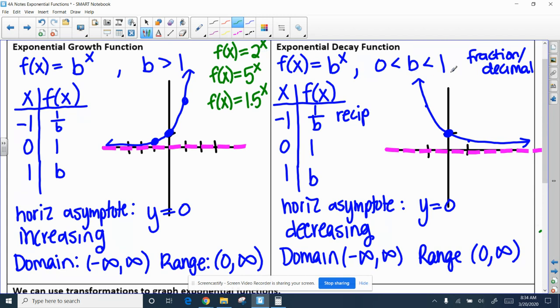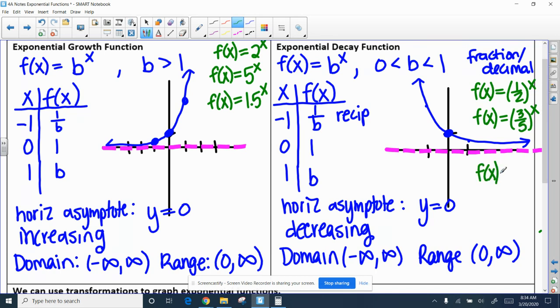Where on exponential decay, the number is a fraction. The base is a fraction between 0 and 1. So an example that we already graphed would be f of x equals 1/2 to the x power. Or here's another example. If we have f of x equals 3/5 to the x power, 3/5 is still a decimal or a fraction between 0 and 1.